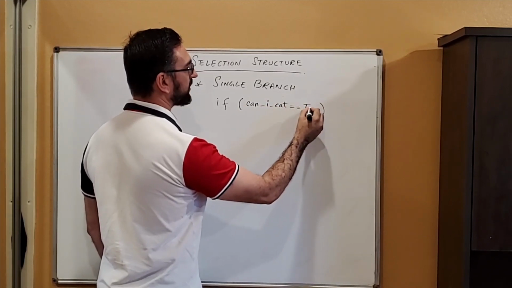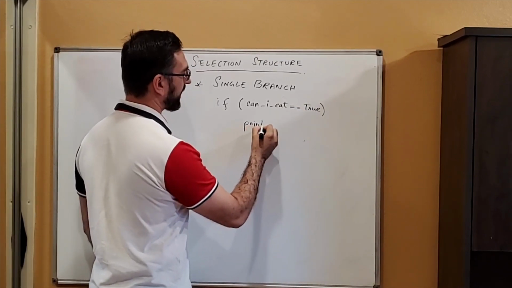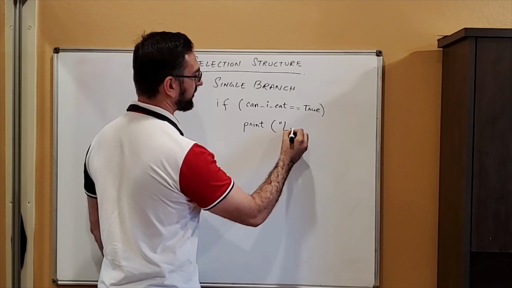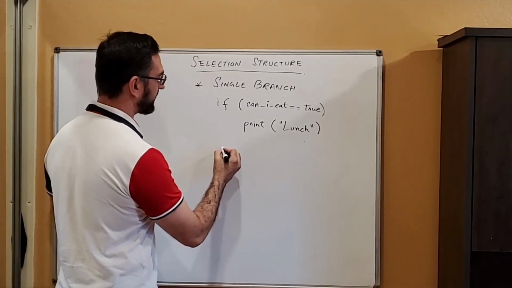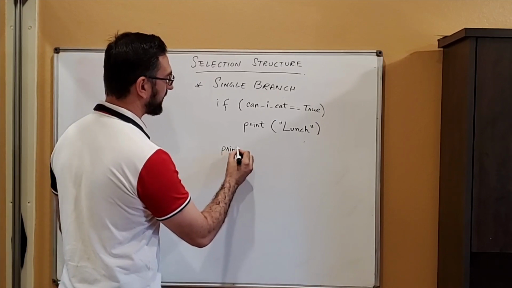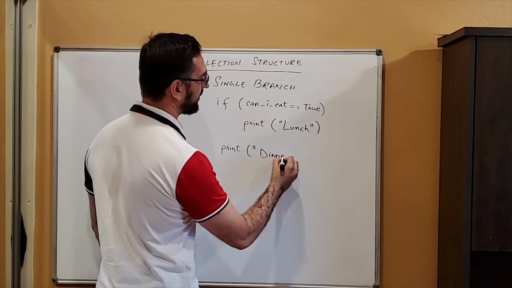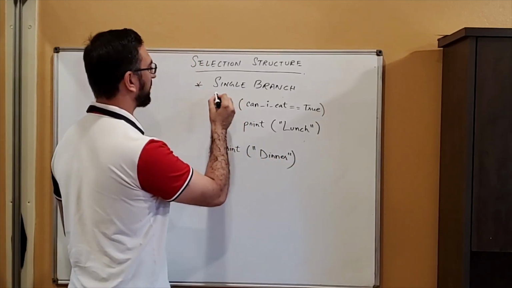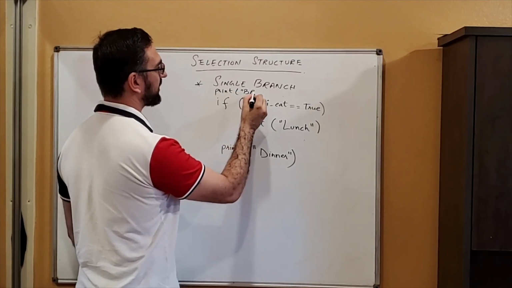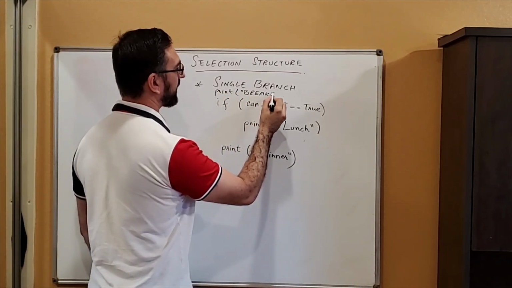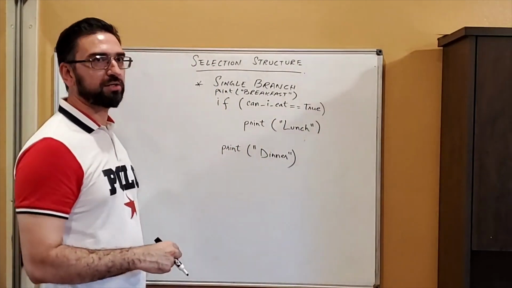If this equals true, then I just print out a statement, lunch. And if not, I continue on with my program. So I say print dinner, right? And over here I can say print breakfast, based on my flowchart before.